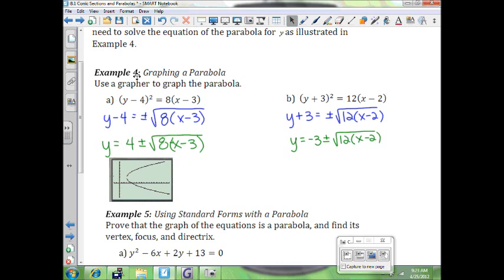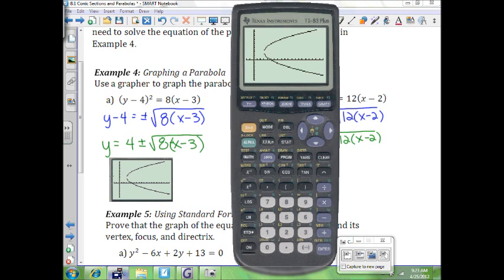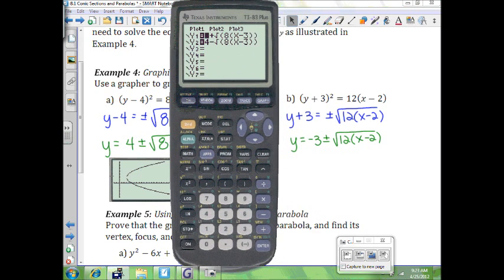Now as you can see, because it's y squared, we know it's going to open to the left and to the right. Because it's a positive 12, it's going to open to the right. So when we put our equations in, we'll have a graph here.